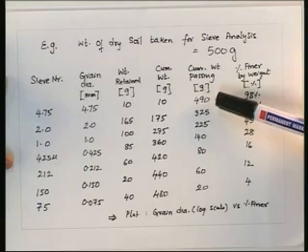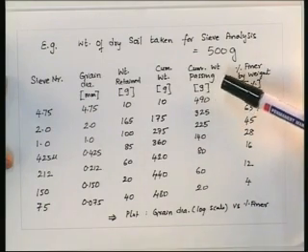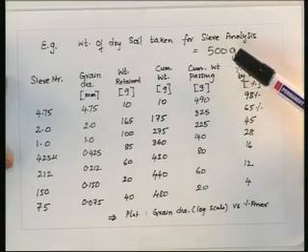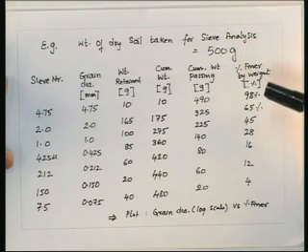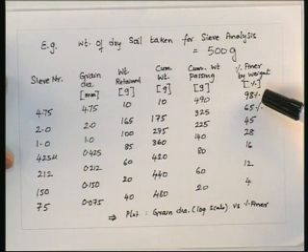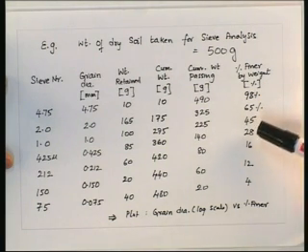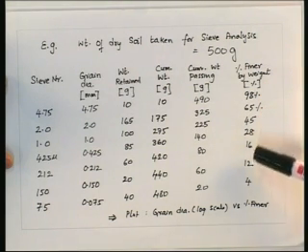Now determine the percentage finer, which is the cumulative weight passing divided by the original weight of the soil taken, that is 500 grams, multiplied by 100. This gives us 98%, 65%, 45, 28, 16, 12 and 4.